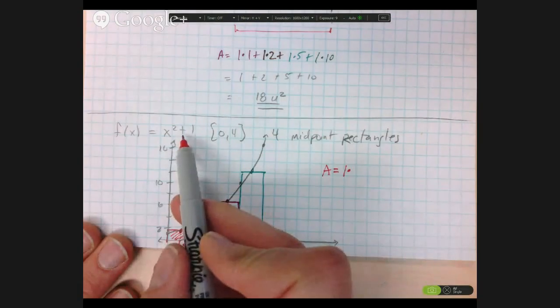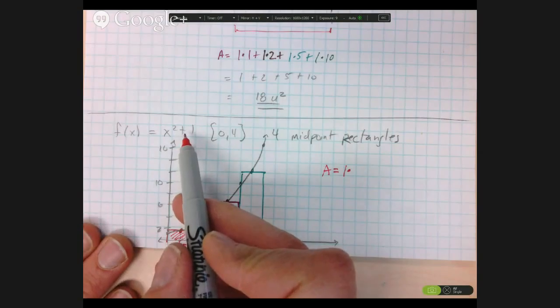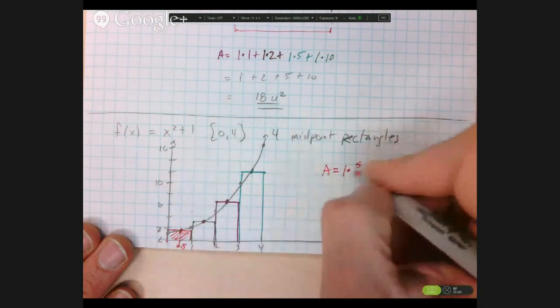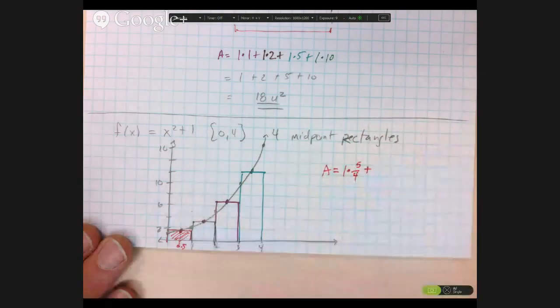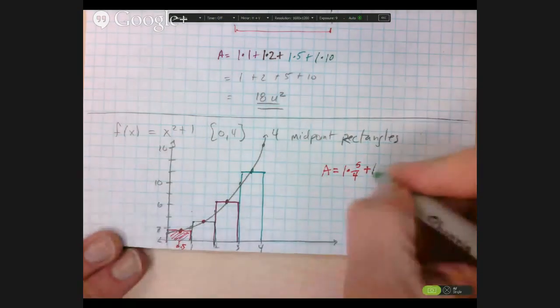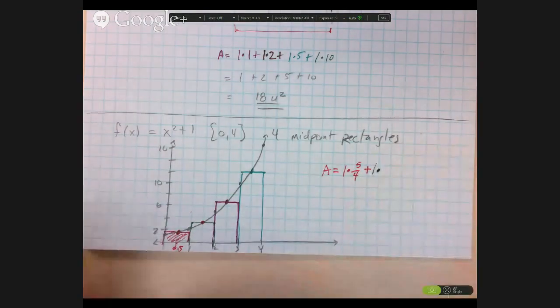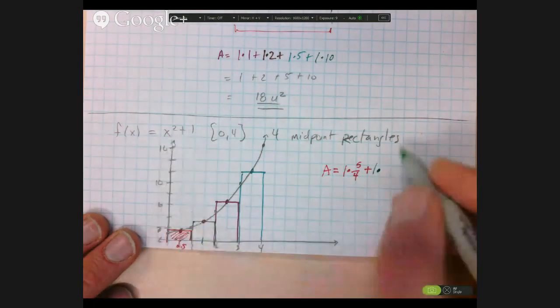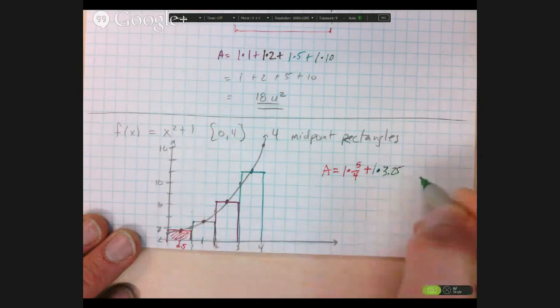What do you get? What's 1/2 squared? 1/4 plus 1. Yeah, so 5/4. What's the width of the second one? 1. And the height? Plug 1.5 in, because that's our x value. It's 2.25 plus 1.